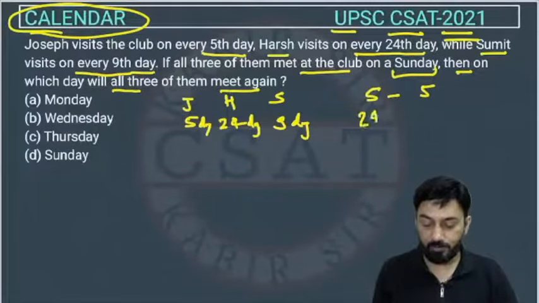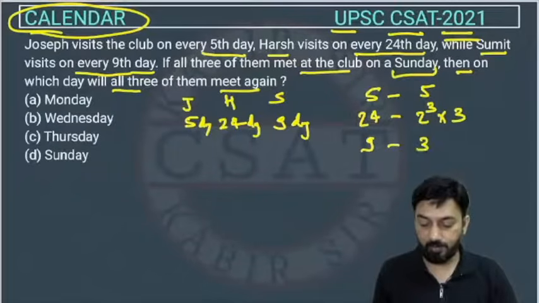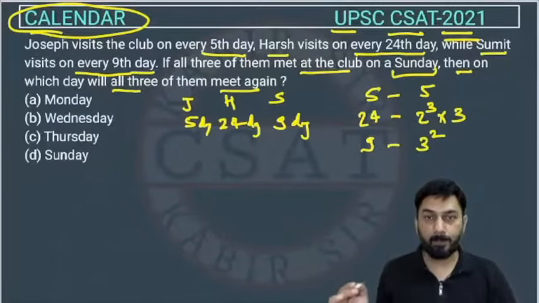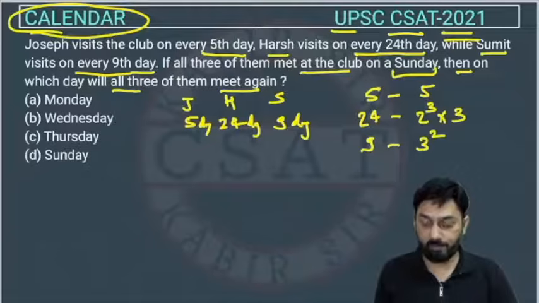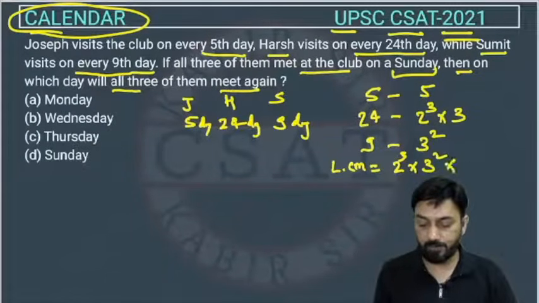So the factor of 5 will be 5, the factor of 24 will be 8 into 3, and the factor of 9 will be 3 square. Now the LCM of these numbers will be, we take the highest power: the highest power of 2 is 3, the highest power of 3 is 3 square, and of 5 is 5.